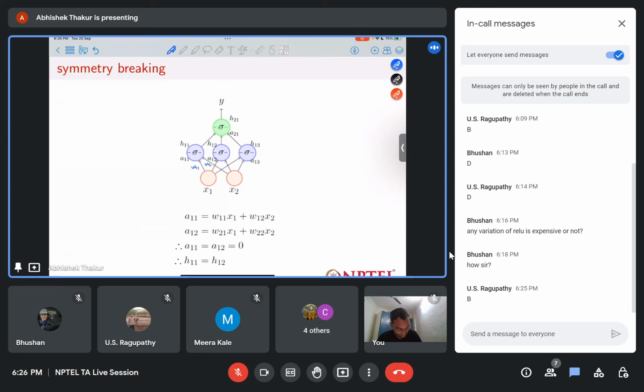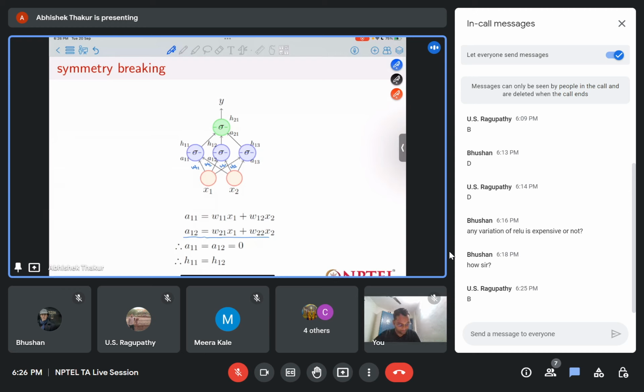This is W11, this is W12, and this is W21 and this is W22. So A11 is equal to W11 X1 plus W12 X2. Similarly, A12 is equal to W21 X1 plus W22 X2.